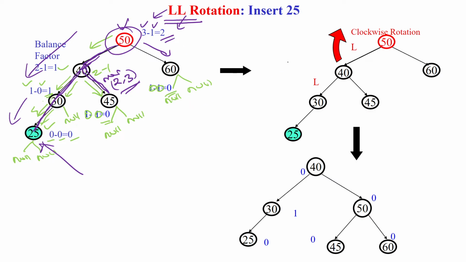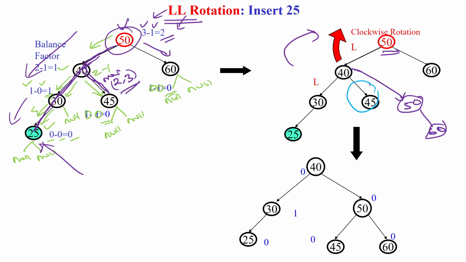LL rotation means we have to perform a clockwise rotation of the top node, the node whose balance factor is not satisfied. When you rotate, this 50 will become a child of 40. Its right child 60 is already available, but 40 already has a right child, 45.